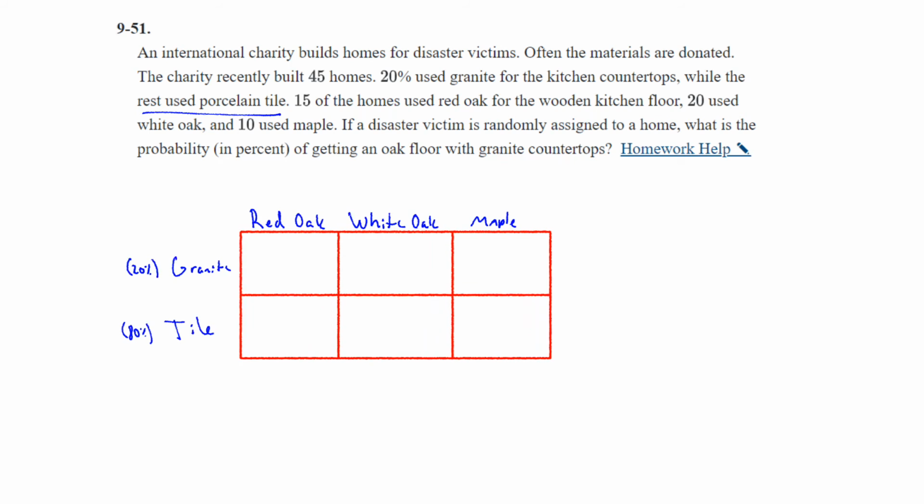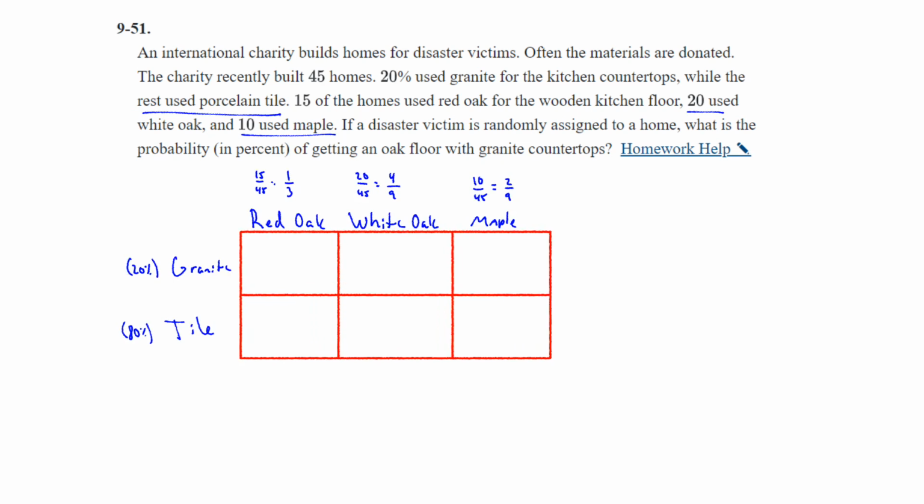We have 15 out of 45 homes on the red oak, which can be reduced by 1/3. The white oak, we have 20 out of 45 homes. So divide that by 5, and you get 4/9. And then the maple, we have 10 that use the maple, so that's 10 out of 45, or 2/9.